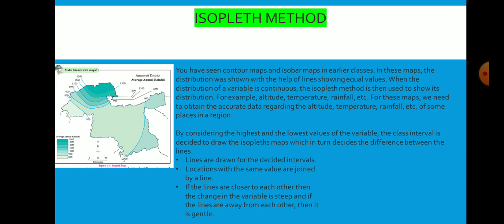Now, the following conclusions are drawn on the basis of the maps prepared in such a way. If the lines are closer to each other, then the change in the variable is steep. And if the lines are away from each other, then it is gentle. We get an idea of the natural trend of the distribution of the variable with the help of this map.